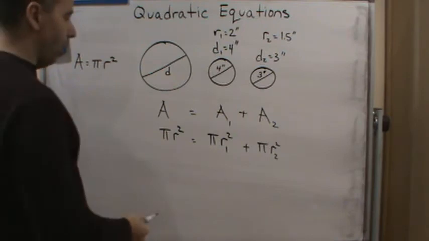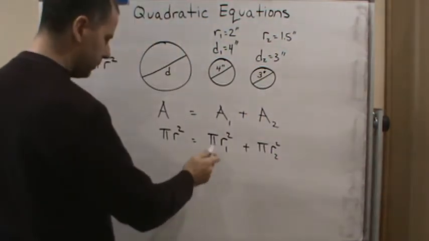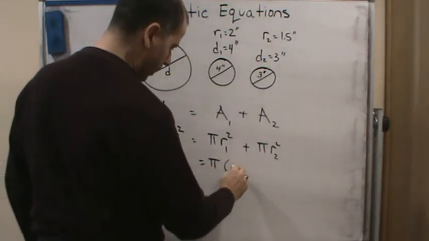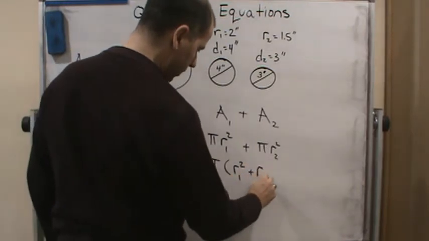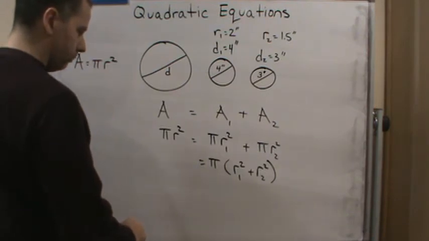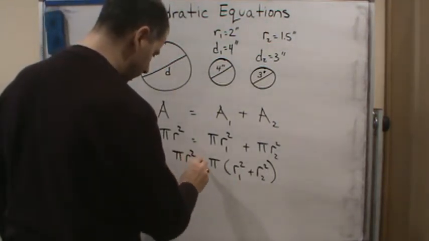So now all we have to do is plug in here. Well, let's simplify this a little bit. This is going to be pi times r1 squared plus r2 squared, right? And in fact, this is going to be equal to pi r squared, right?